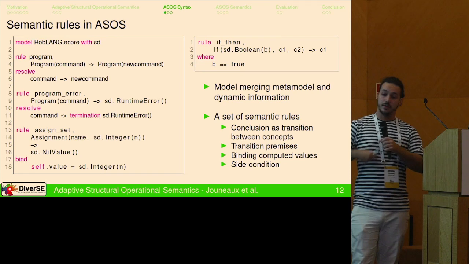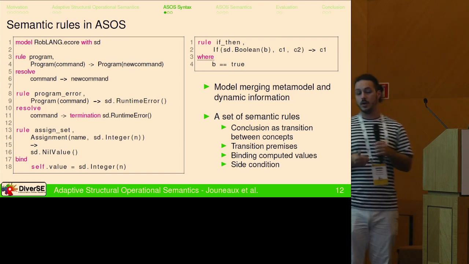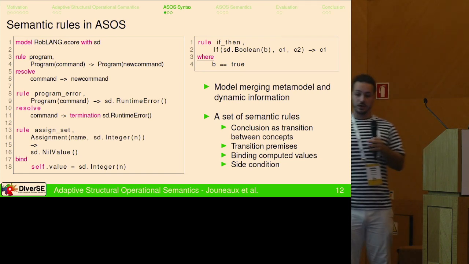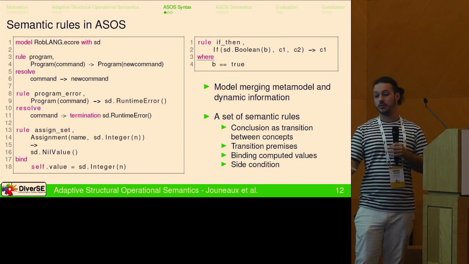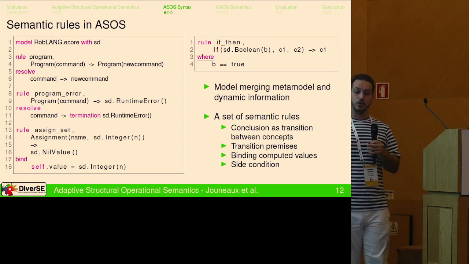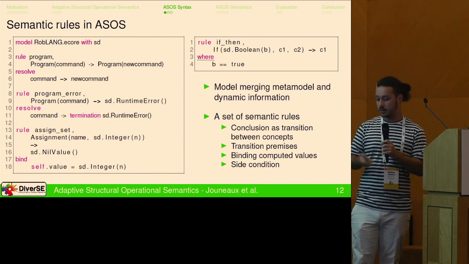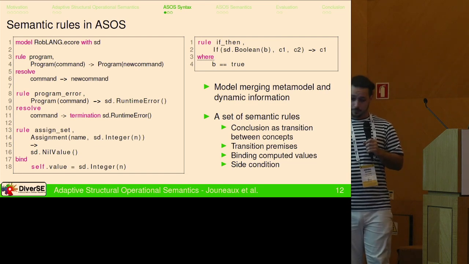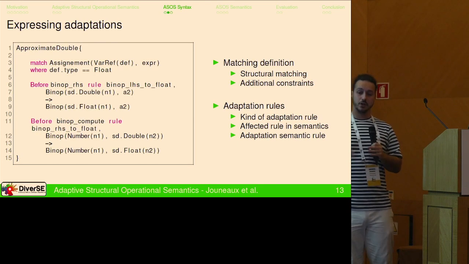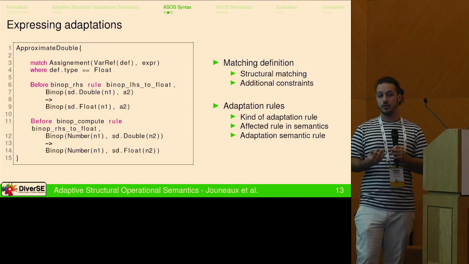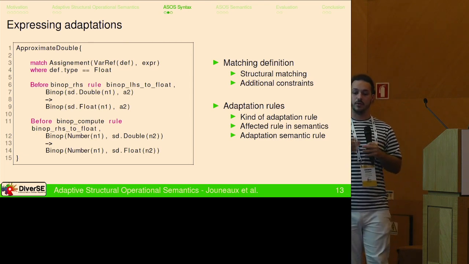And finally, we have the where clause, where you can express first-order logic conditions, allowing, for example, to know if you have to go into the then branch or the else branch of an if concept, for example.